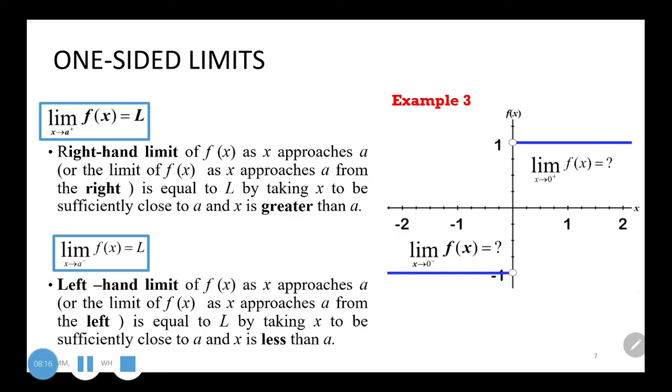So you have to remember, for right hand limit it is positive, and it comes from the right hand side of your hand, of course. Okay, and then for left hand limit, it comes from the left, and it is denoted by the negative sign here.